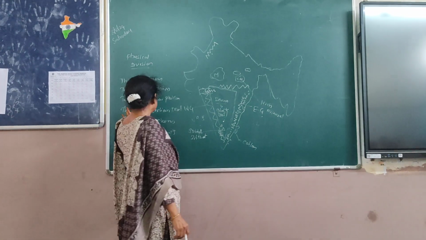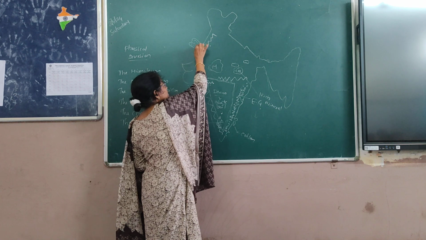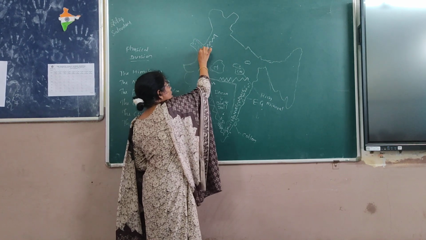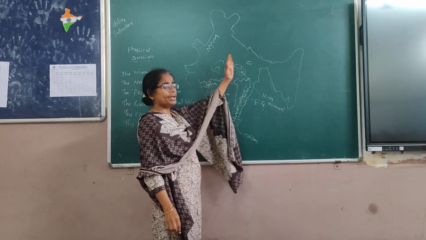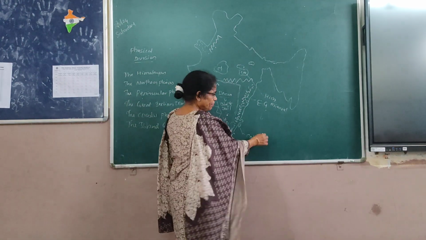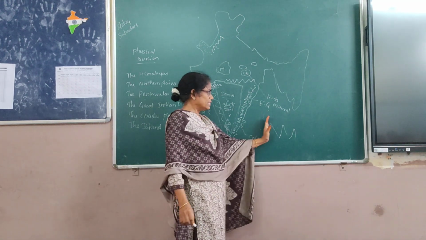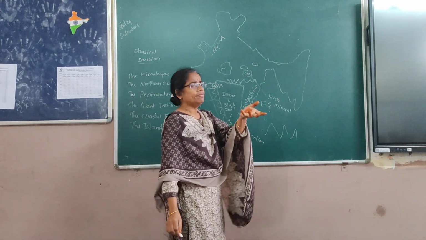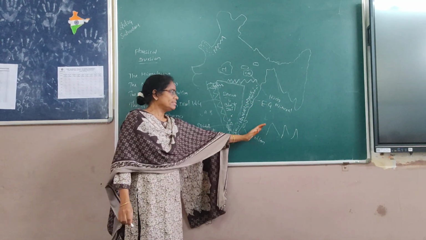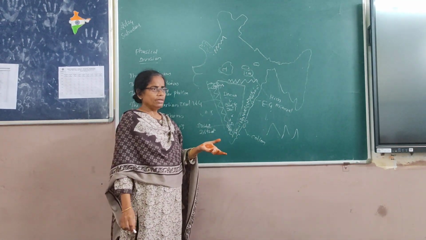Then coming to the Great Indian Desert. The desert is placed in western Rajasthan, on the leeward side of the Aravalli mountains. Leeward side means, suppose you take the mountains like this, there are both sides. One side of the mountains receives the highest rainfall, whereas the other side does not receive rainfall at all.